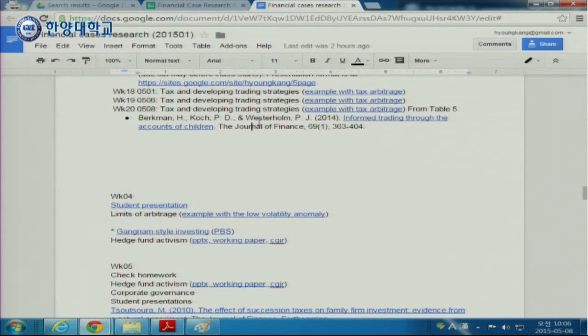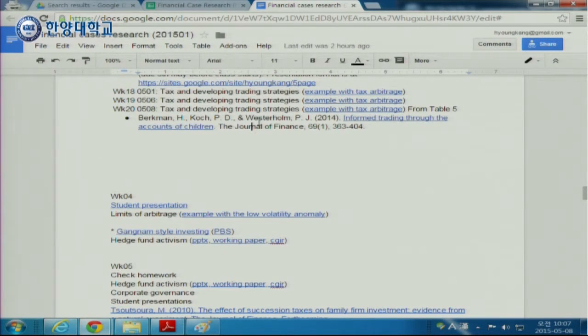And one day, Kevin drops by my house again and says, I want to buy some stock from you. Then do I have to sell? Do you think I want to sell that stock to Kevin? No, because I know Kevin is smart, and Kevin wants to buy stock from me. It means that the stock I have is good, right? So it means that if people are smart and informed, they should camouflage their identity.